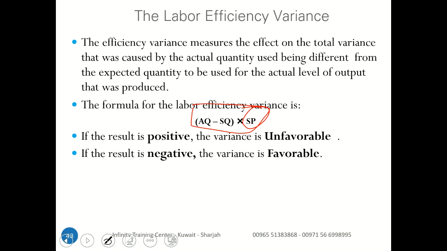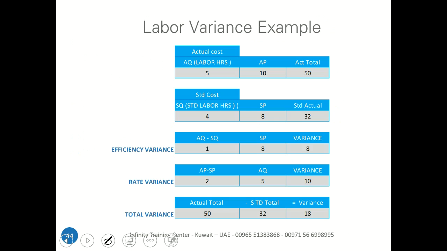So the formula is the same, everything is the same, only the names are different. It is labor efficiency variance, and when it is positive, it is unfavorable because it's a cost. When it is negative, it is good, it is favorable. And if you add these two variances together, we will get the total variance.